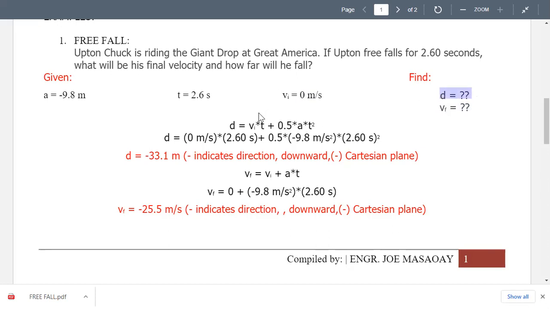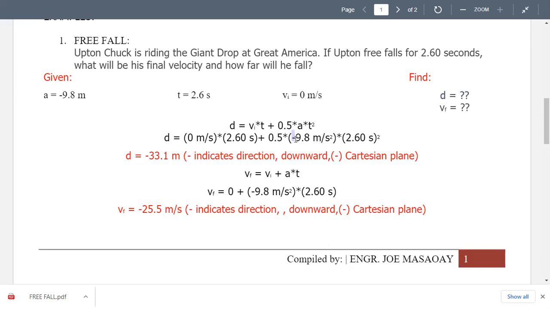Now to solve for your distance, the amount of distance he fell, d is equal to your initial velocity multiplied with your time plus half of your gravitational acceleration multiplied with your time squared. Substituting the values, we have 0 meters per second multiplied with 2.60 seconds as time plus half of negative 9.8 meters per second squared.